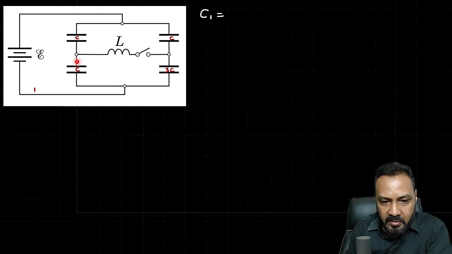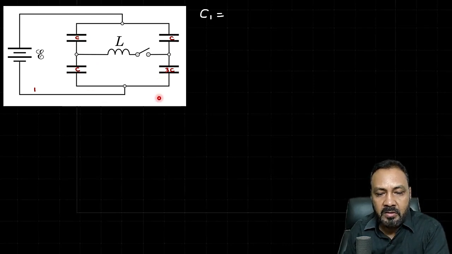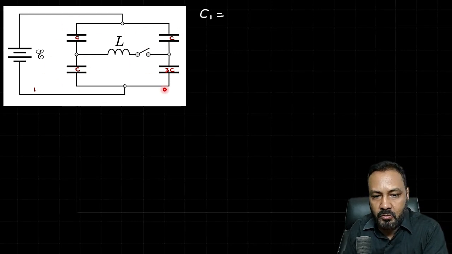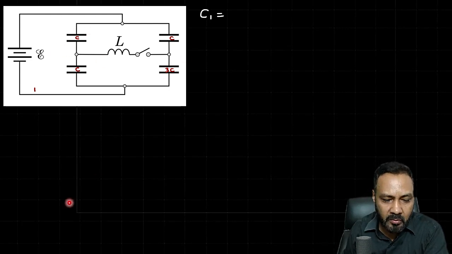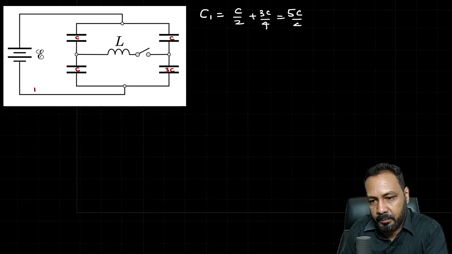The C and C are in series, and this C and 3C are in series, and they in turn are parallel to each other. So for this, equivalent is C by 2. And for these two, equivalent is 3C by 4, and their overall equivalent would be C by 2 plus 3C by 4, and that would be 5C by 4.